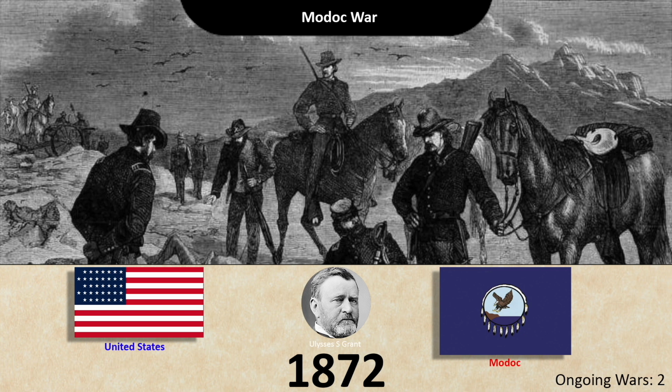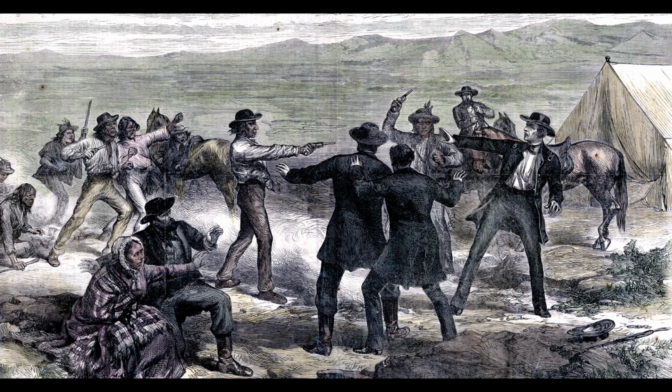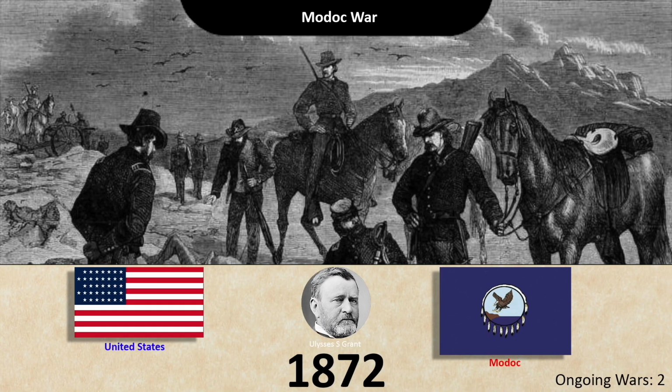It's not exactly sure who started this argument, but an argument would erupt between a Modoc warrior and one of the soldiers, and they would both draw their revolvers and shoot at each other, which would cause the rest of the Modocs to start going for their weapons that they left on the ground. There would be a small fight, and the Modoc would eventually retreat, and this would result in one soldier being killed, 7 wounded, and the Modoc would lose 2 people with 3 wounded.